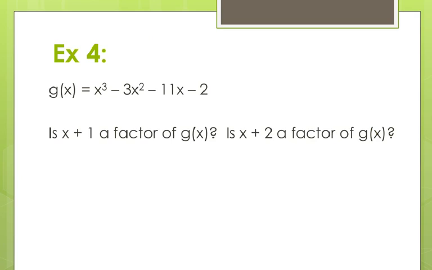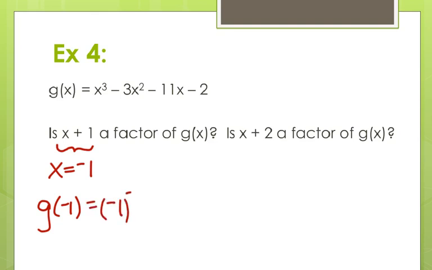Alright, so in example 4, if g of x equals x to the third minus 3x squared minus 11x minus 2, is x plus 1 a factor? Is x plus 2 a factor? So the way that we can tell, if x plus 1 is a factor, that means that x equals negative 1 would have to work for g of negative 1. We would have to get a 0 if it is a factor. So let's plug it in.